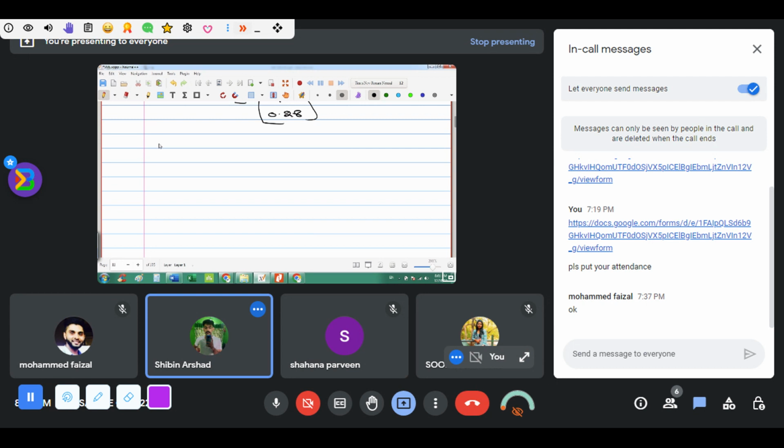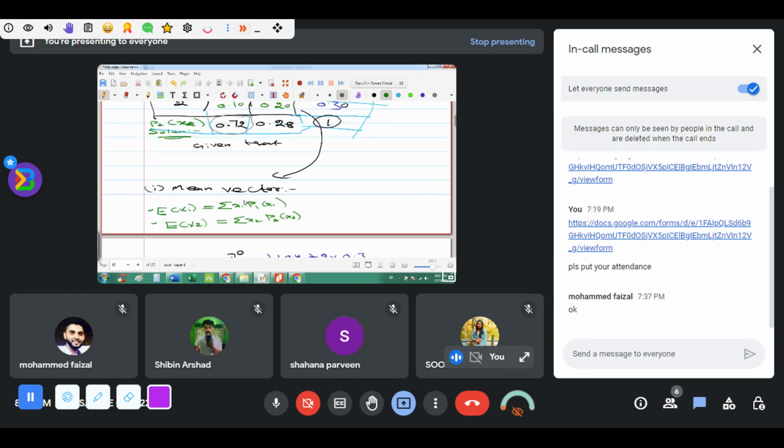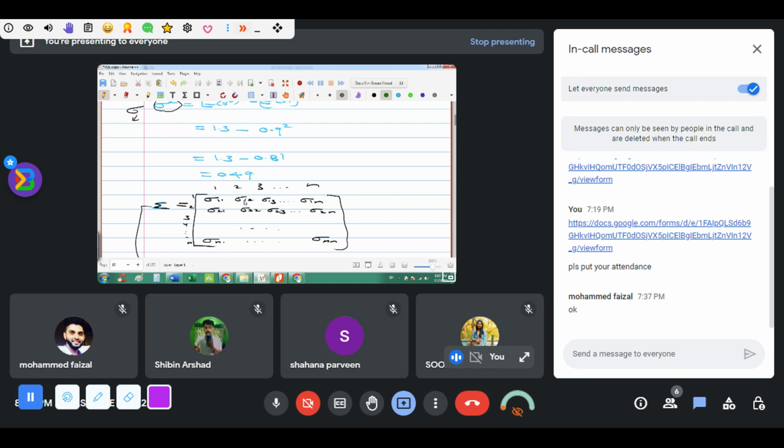Covariance matrix. Next one, I move to the covariance matrix. First, write the formula and move to the concept. That means capital sigma equals, how many variables are there? 2 variables, therefore here a 2 by 2 matrix only. I already gave one idea of how to define the covariance matrix: for n variables you write 1 to n in row-wise and column-wise.